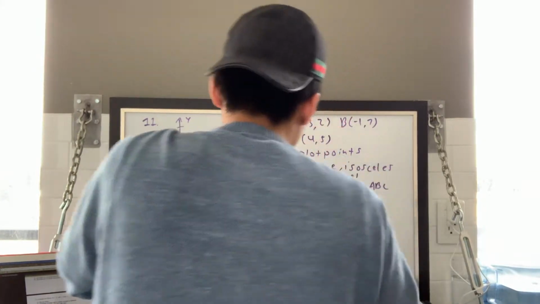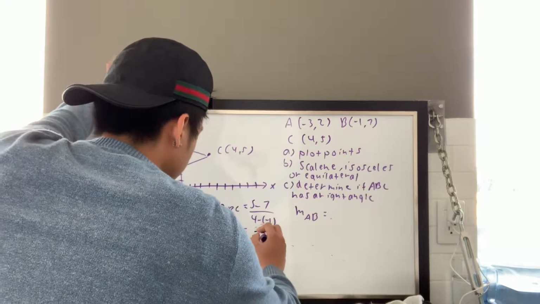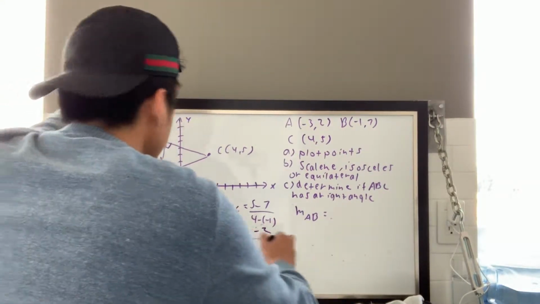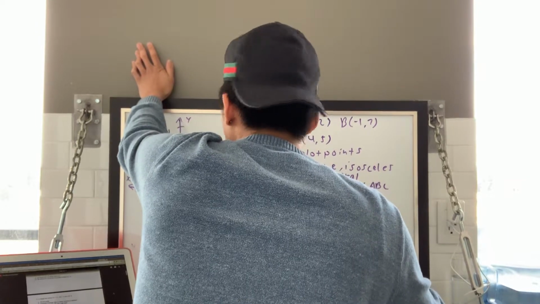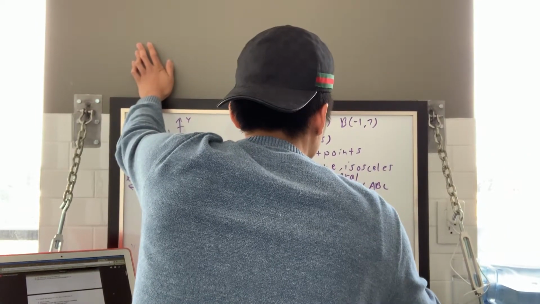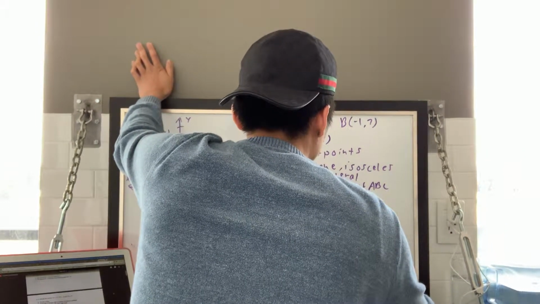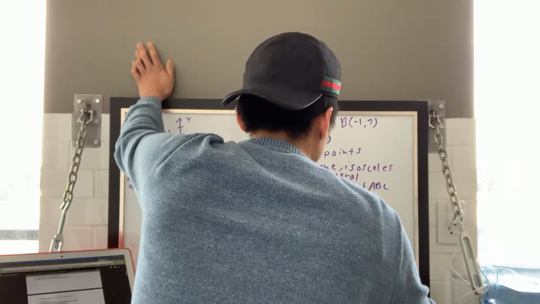Let me redo it: AB goes from B to A, so it's 7 minus 2 over minus 1 minus 3. Okay, perfect. So you have 5 over 2.